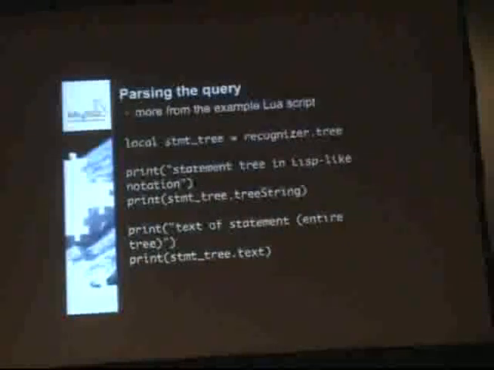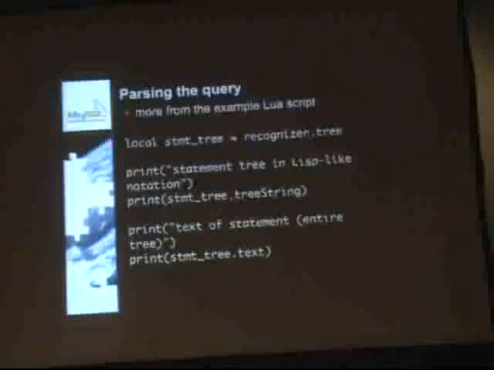So what do we have to do to parse a query? Again, very simple. Well, that's a copy-paste error again. Recognizer should be the object we got back when we tokenized the query. So we just tell it to give us the tree, and you have two options.